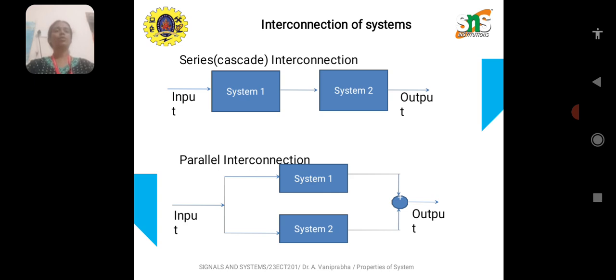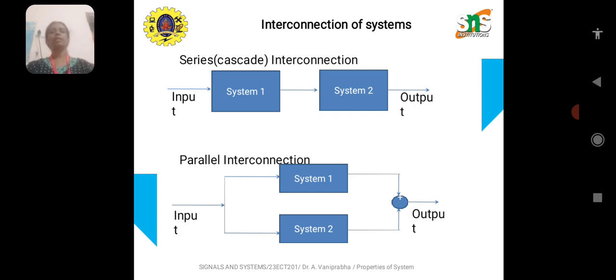Next is interconnection of systems. Systems can be connected with each other in two ways. One is cascade, another is parallel. The other name for cascade is series connection, meaning one after the other. If systems are connected one after the other, the output of one system is given as input to the next system, and similarly the output of the second system is given as input to the third system. This horizontal building of systems is named a cascade connection.